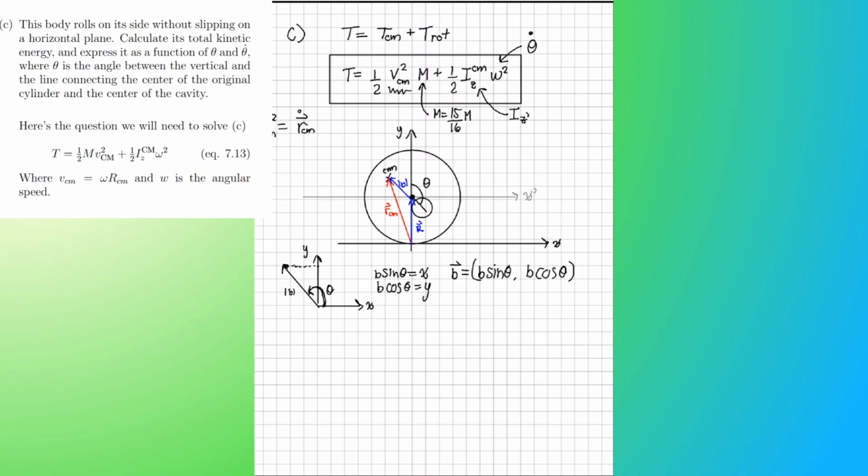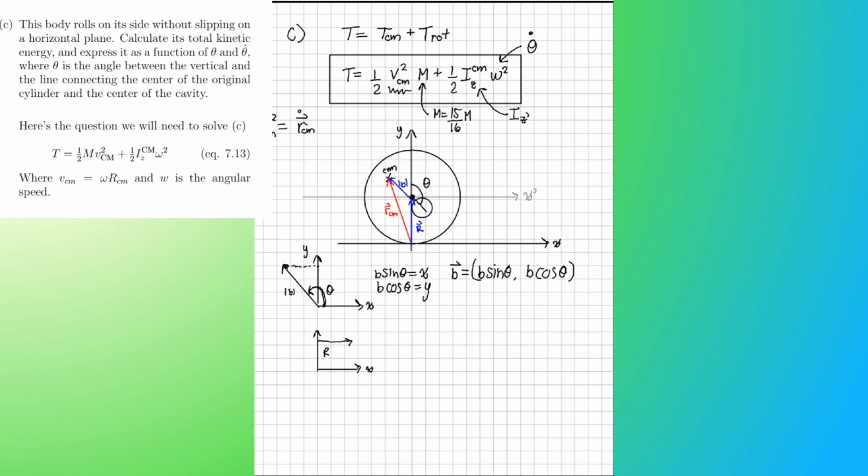Okay, now for the vector r, r is quite easy. It's just like this in the y direction. However, it is moving in the x direction as well, because the cylinder is not slipping, so it's going to do like this.